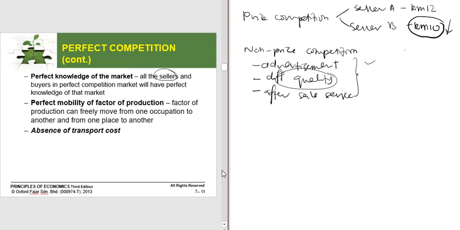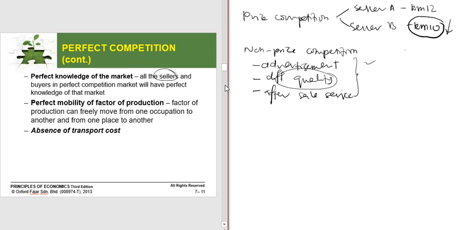And there is absence of transportation cost, because usually these sellers or firms in a perfect competition market will be located at the same marketplace or same area. Let's say in one marketplace, satu pasar, satu kawasan pasar, you have different sellers basically selling the same products.